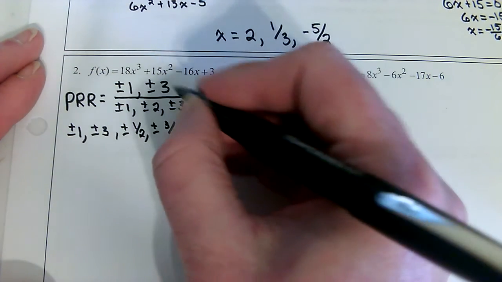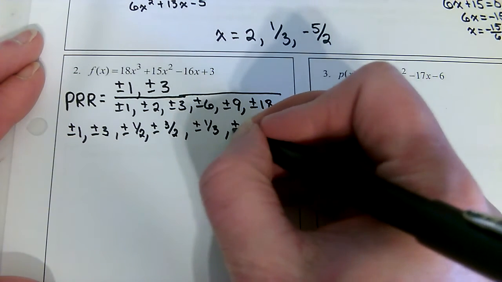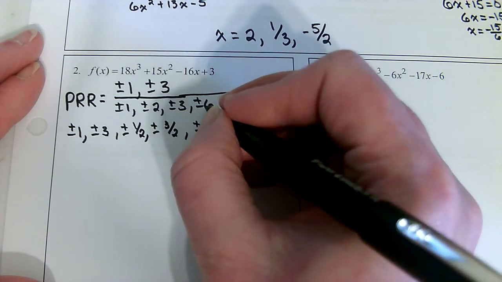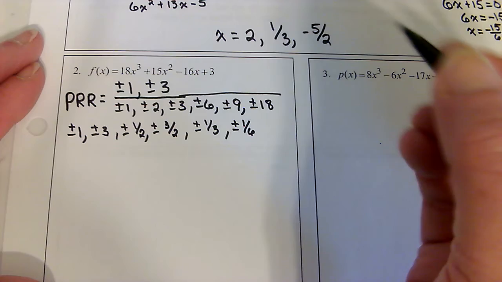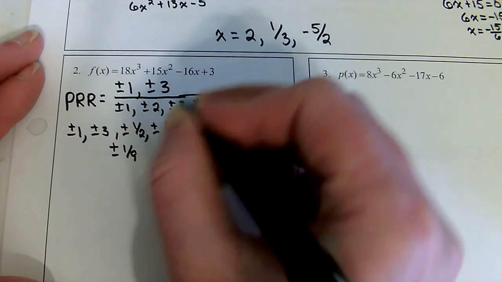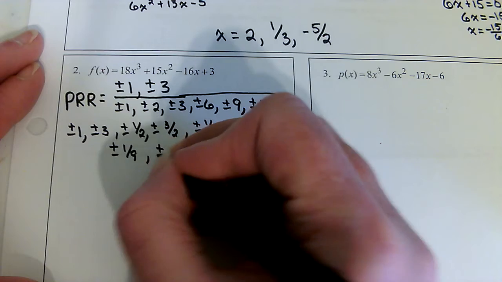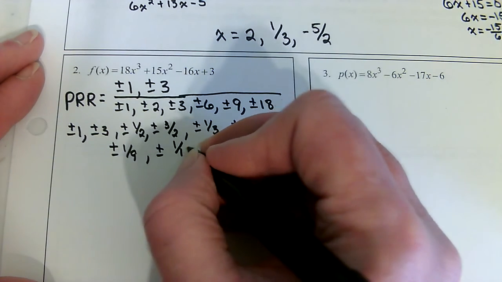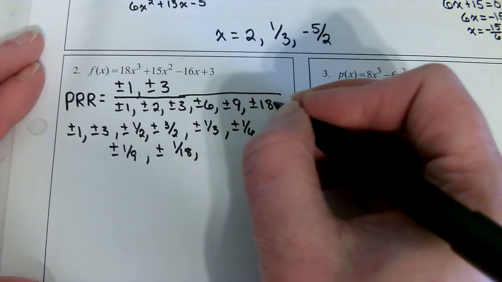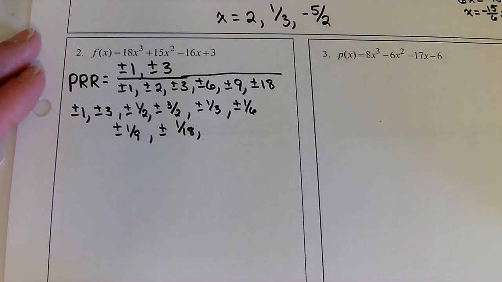plus or minus 1/3, then 3/3 is just a 1, plus or minus 1/6. 3/6 is just a half. 1/9. 3/9 is 1/3. 1/18. And then 3/18 is just 1/6.